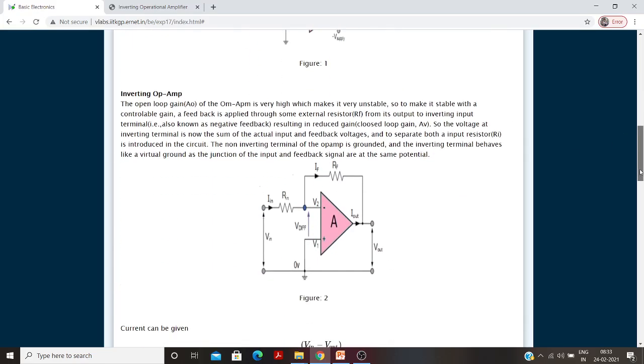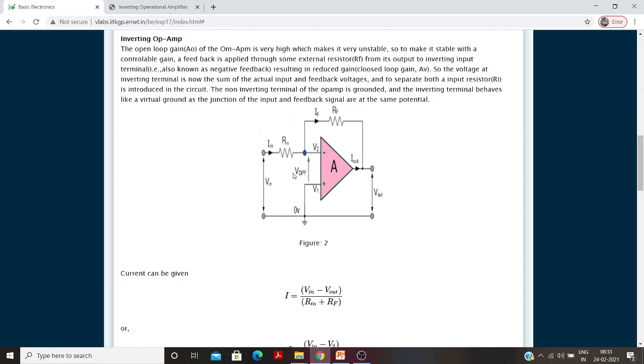So for the inverting amplifier, this is the diagram. Here we are giving the input to the inverting pin. Minus is inverting and plus is non-inverting. Via one resistor R1, I have connected to the inverting pin, and from the output I have connected a feedback. This kind of feedback is called negative feedback, because part of the output is fed back to the input at the inverting, that is the minus, pin.